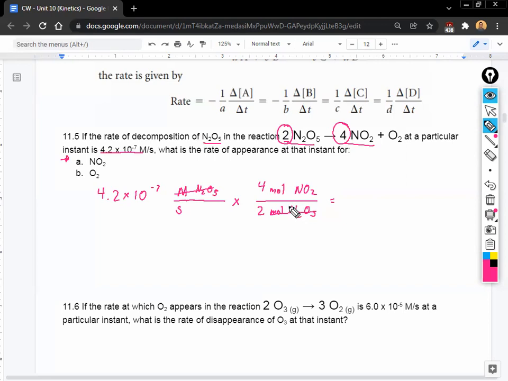If I had 10 of these, the ratio will be just double that because it's 2 to 4, 10 to 20. And so the rate is the same thing. So final rate, if I'm not wrong again, will be 8.4 times 10 to the negative 7 molarity per second. And that's going to be the rate of change for NO2.